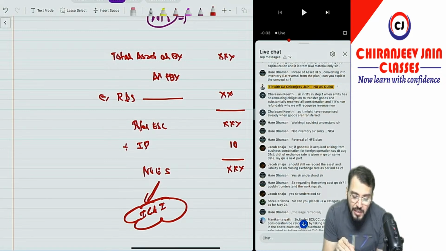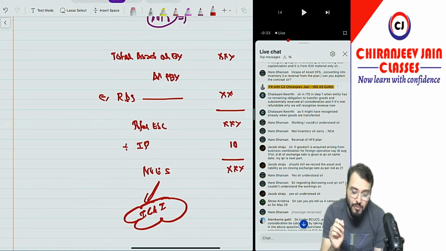Achha. Sir, Ind AS 115, in step number 1, when the entity has no remaining obligation to transfer goods and services and has substantially received all the consideration, and if it is non-refundable, why do we recognize revenue now? Just try to understand what Ind AS 115 wants to say. In step number 1, there are 5 criteria given.